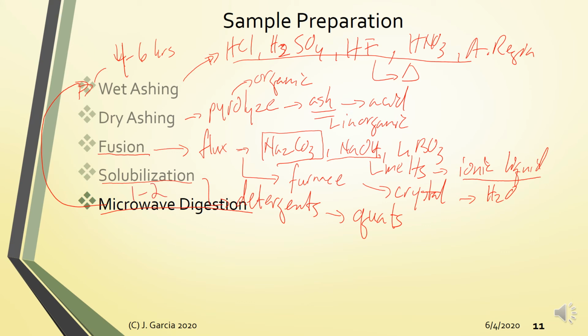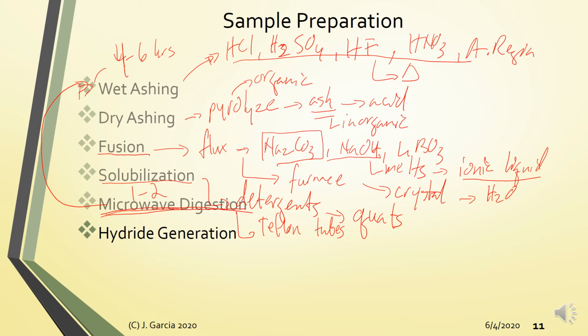So there are laboratory microwaves, not the household microwave. Here you're using laboratory grade microwave digestors, wherein your samples are placed in Teflon tubes. Placed in Teflon tubes. So it speeds up the digestion process that typically takes a long time with wet ashing.